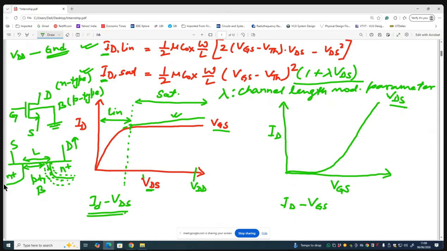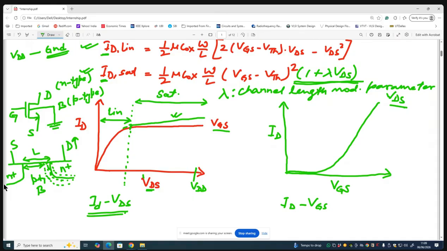So to account for this non-ideality, we have two possibilities. Either we make this length VDS dependent, replacing this fixed length by a channel length which is VDS dependent, or we keep this length fixed and add a correction factor 1 plus lambda VDS.